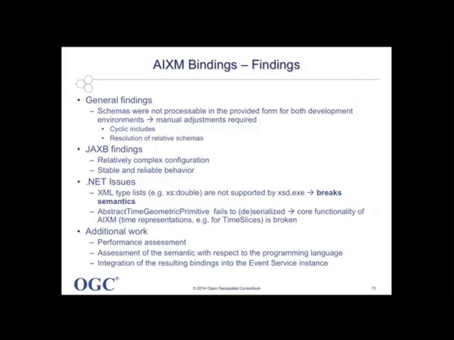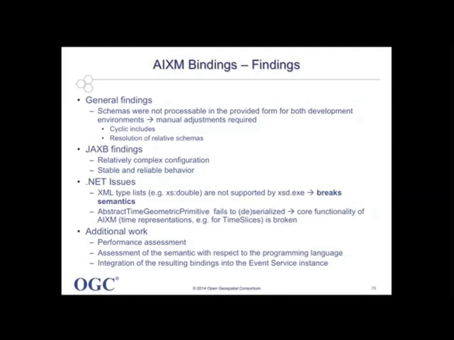The issues with the .NET framework were a bit more complex. For example, XML type lists like xs:double lists were not supported by xsd.exe, and they had to be transformed to common string lists, and thus this somehow breaks the semantics, for example, for coordinate lists.